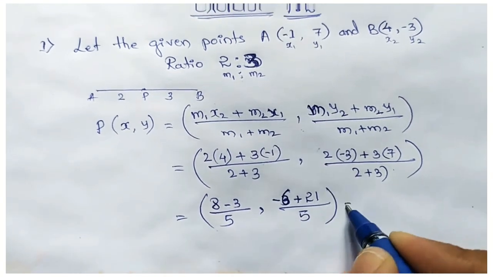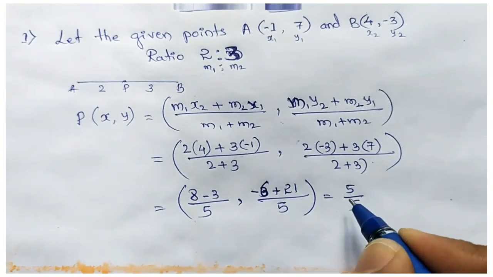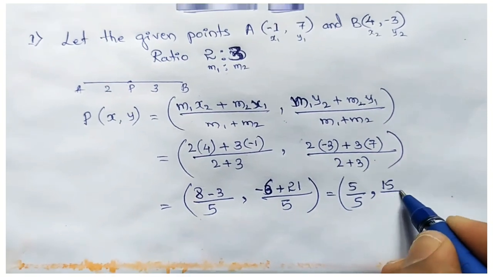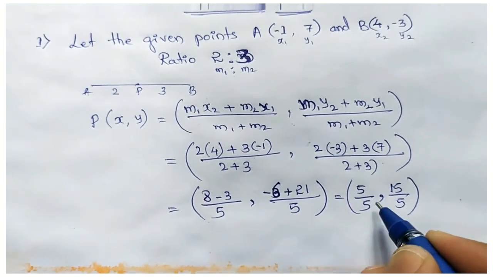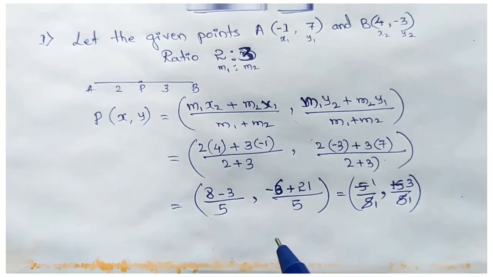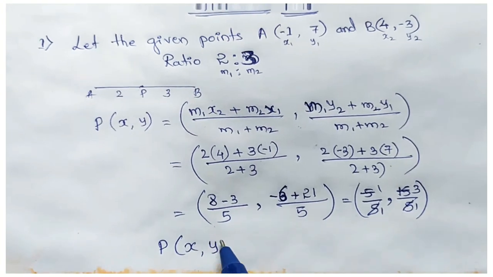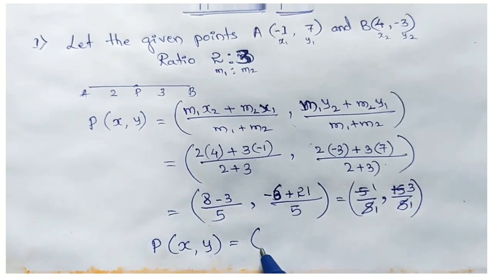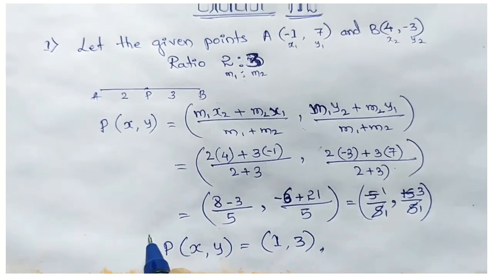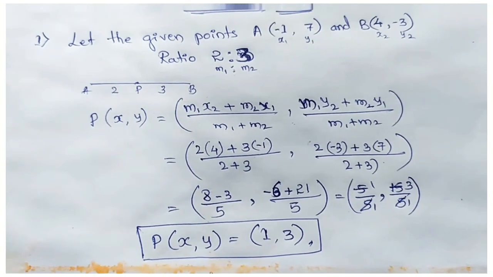That equals 8 minus 3, that is 5 divided by 5, and 21 minus 6 is 15 by 5. Now cancel it. 5 ones are 5, 5 threes are 15. So our P of x, y equals how much? 1 comma 3. So this is the coordinates of the division point.